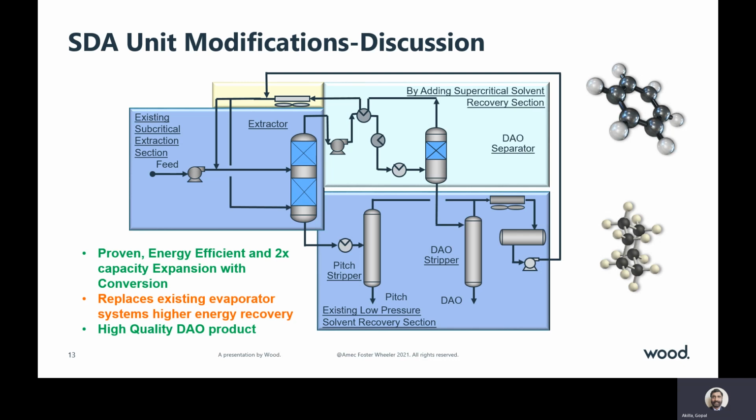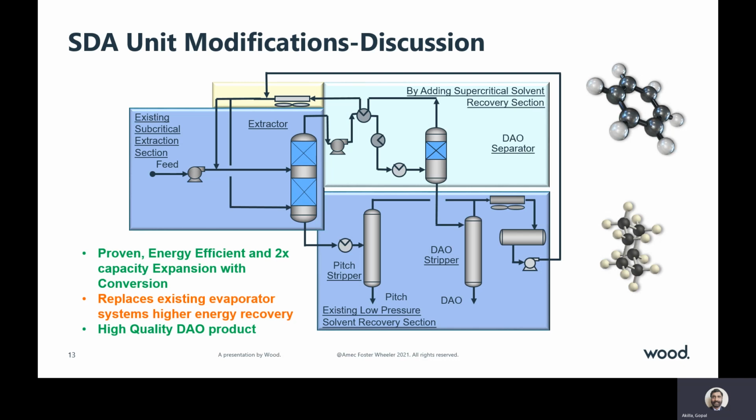The internals might be replaced. These three new exchangers need to be added along with the DO separator. This is the supercritical solvent recovery. This is what will happen if you want to convert.